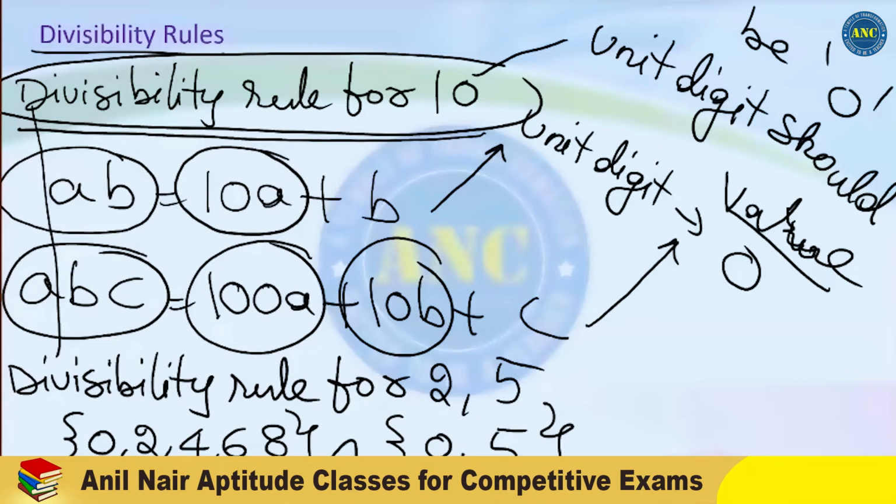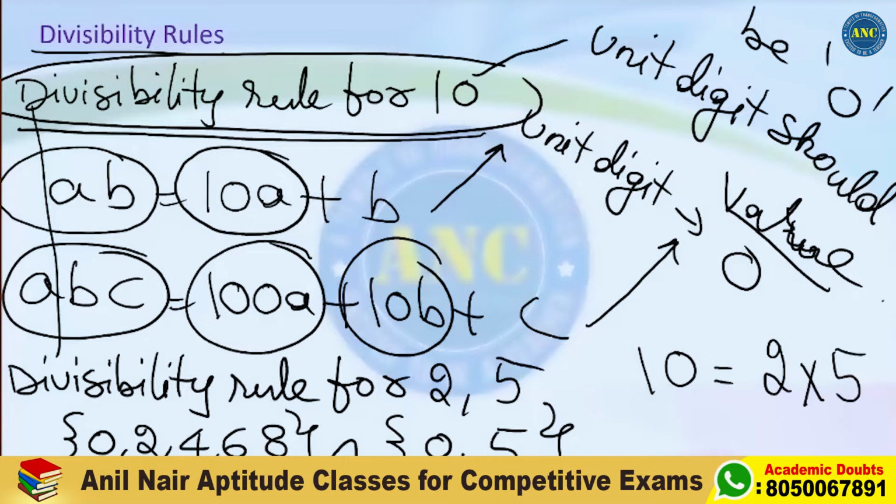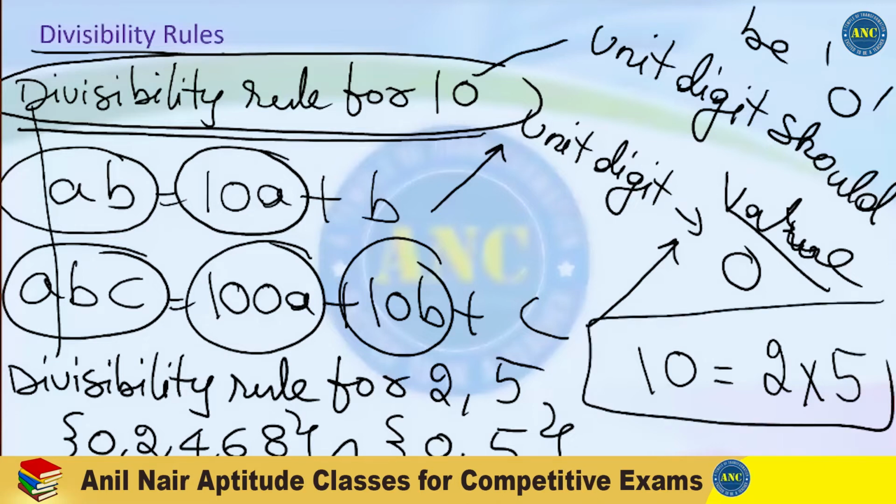The divisibility rule for 10: any composite number, if it can be written as a product of two coprimes, where coprimes means their HCF is 1. HCF of 2 and 5 is 1. Take the divisibility rule for 2, take the divisibility rule for 5, and do the intersection of these two. The intersection of these two is only one value, that is 0.